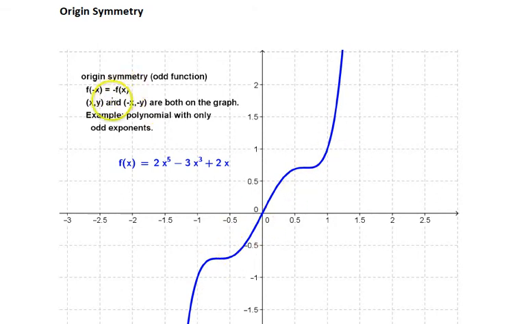Let's look at the details here. It says that f at a negative x is negative f of x.